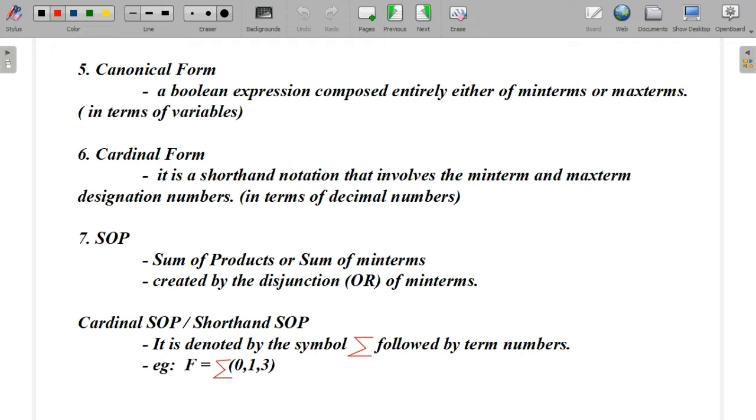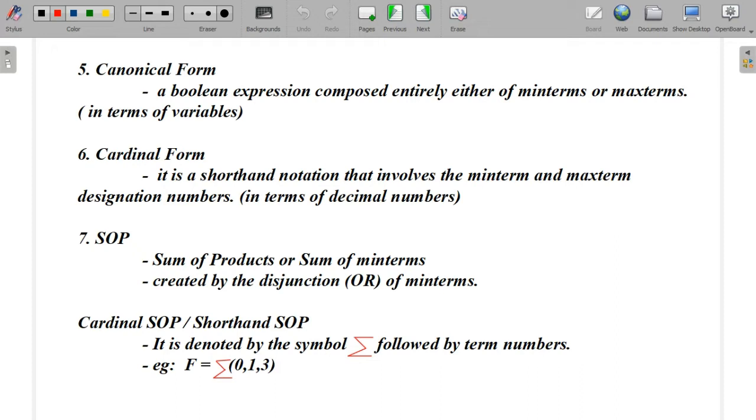So we just need to know two terms clearly here. Minterms means a product of all the literals in the logic system. SOP, sum of products, means we write the minterms and find the sum of minterms. That's why it is created by the disjunction of minterms.